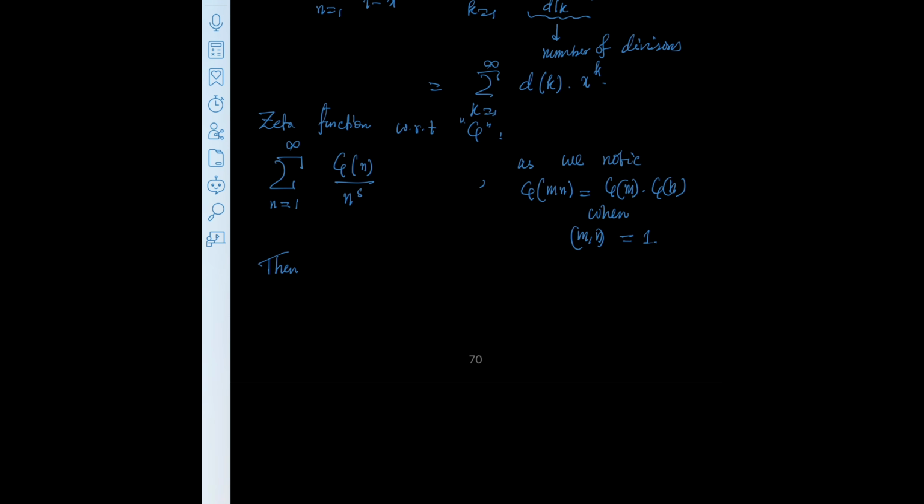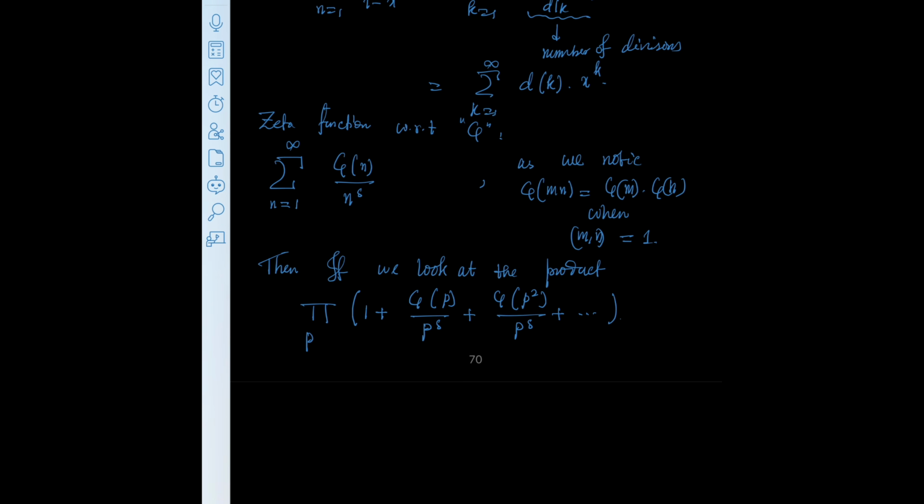So then if we look at the following product over prime numbers p of 1 plus phi p divided by p to the power s plus phi p squared divided by p to the power 2s plus dot dot dot.